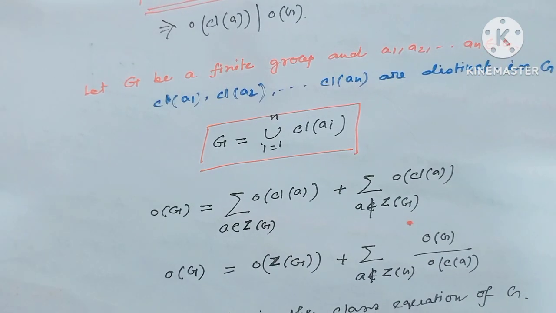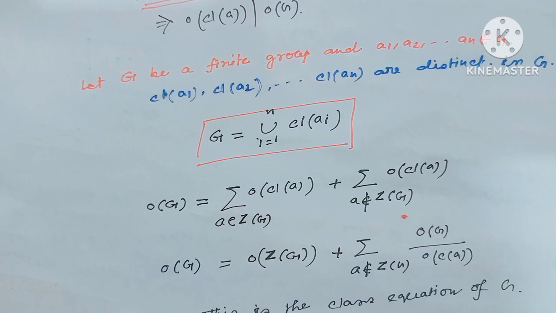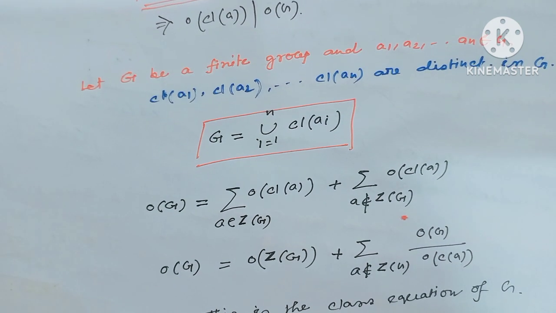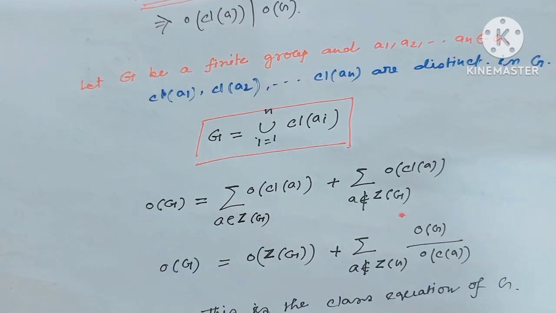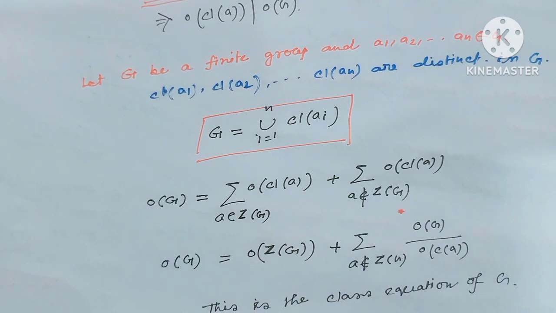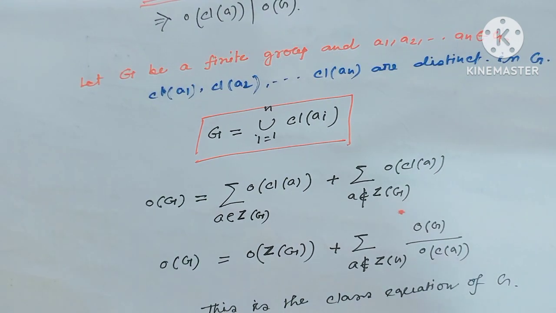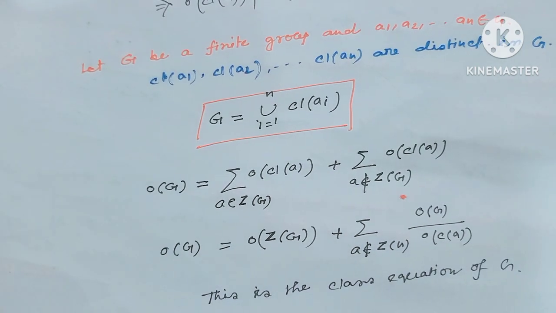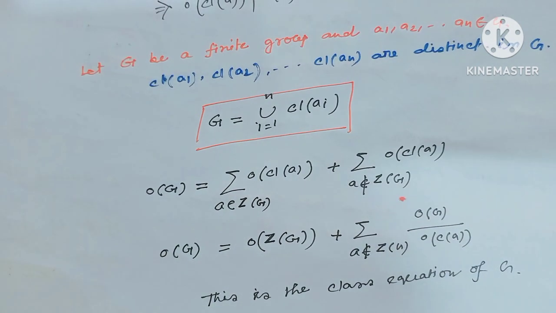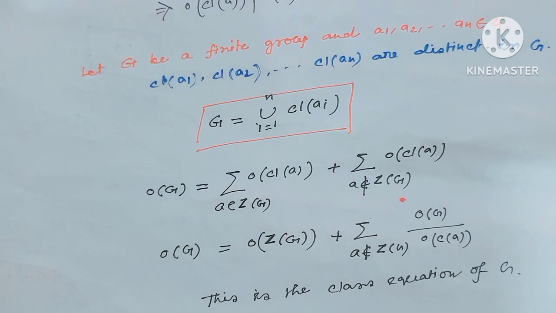So if G is a finite group and a1, a2, ..., an are distinct elements in the group, with classes of a1, a2, ..., an, then G equals the union of those classes of ai, and the order of G equals the sum over a in Z(G) of the order of the class of a, plus the sum over a not belonging to Z(G) of the order of the class of a.